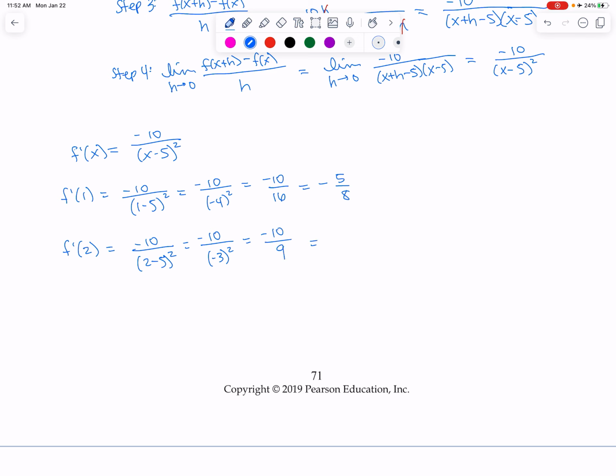That's going to stay. f prime of 3, negative 10 over (3 − 5) squared, negative 2 squared, negative 10 over 4, negative 5 over 2. And so we have our derivative and values of our derivative.